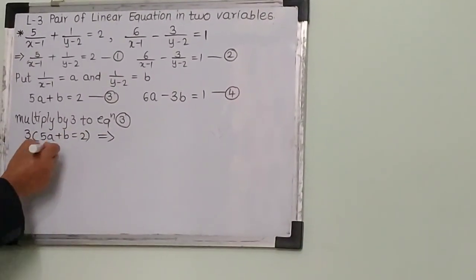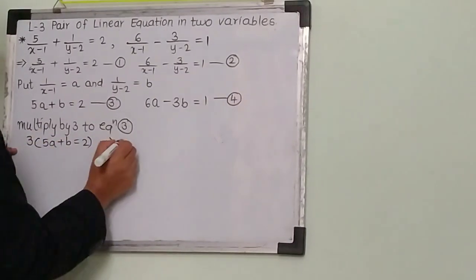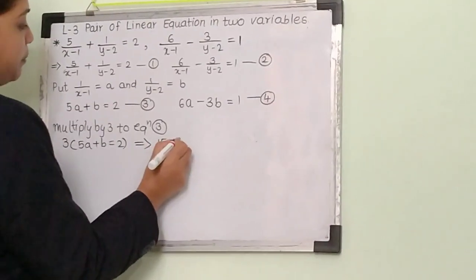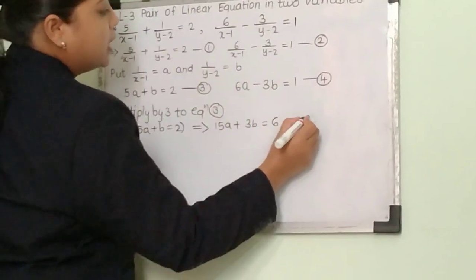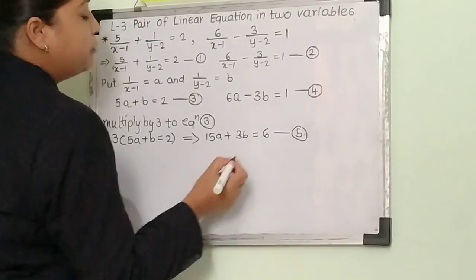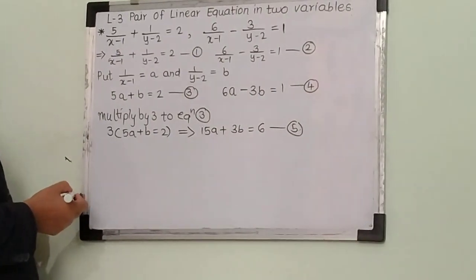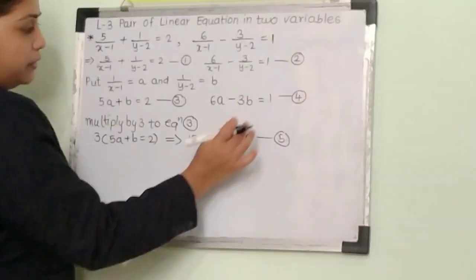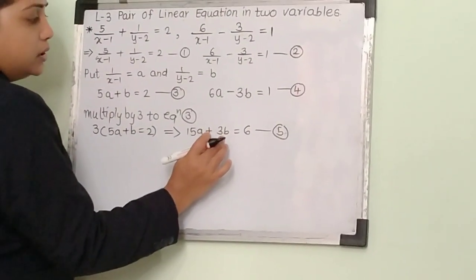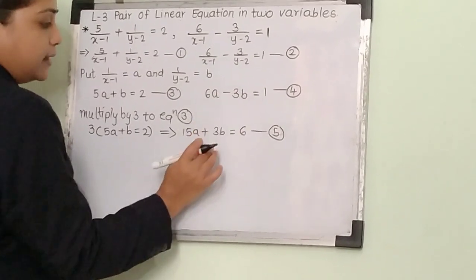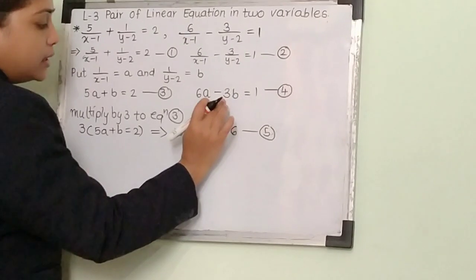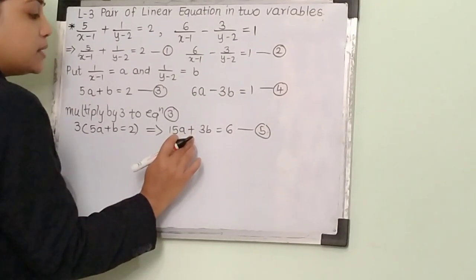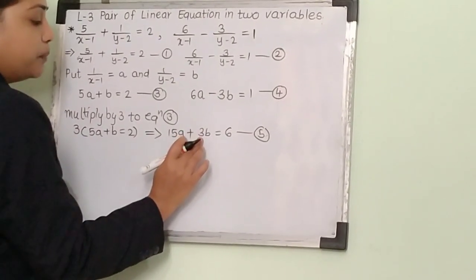That implies that 3 5s are 15a plus 3b equals to 6, and now this equation becomes equation number 5. Now see here, fourth and fifth equation, the coefficient of b is same, but in the fourth equation there is minus 3, and here in the fifth equation plus 3.